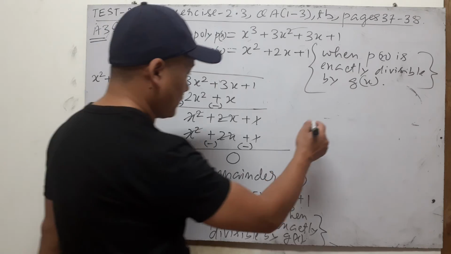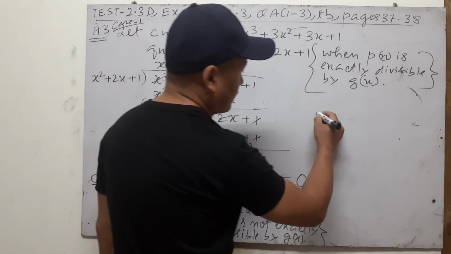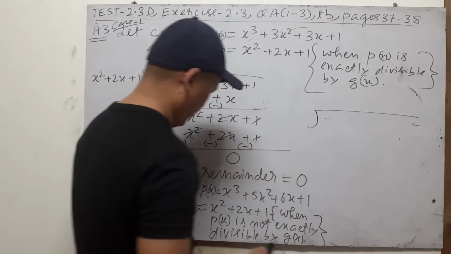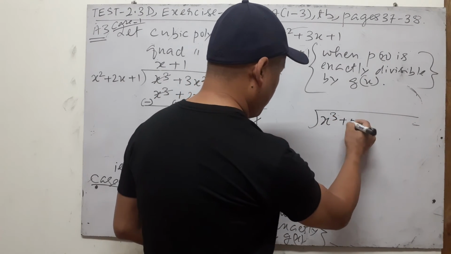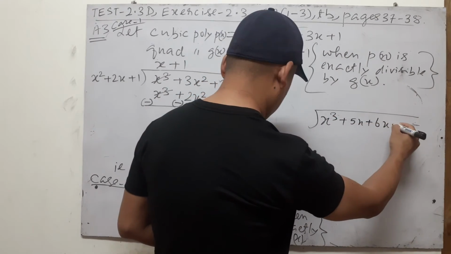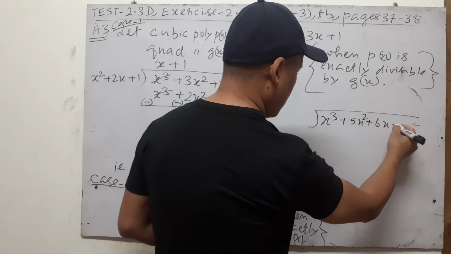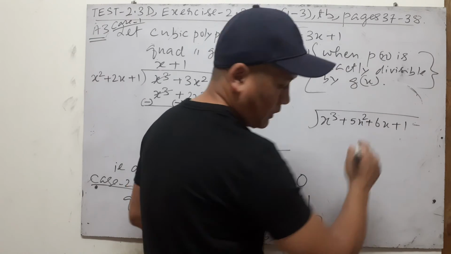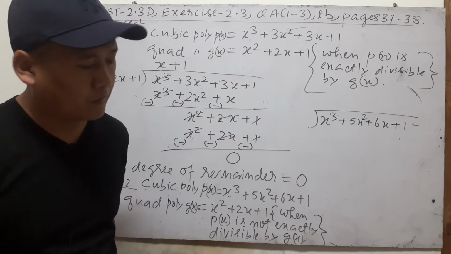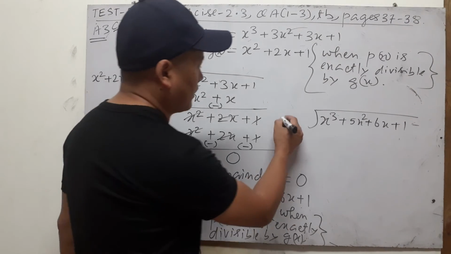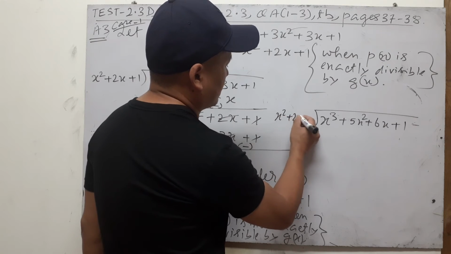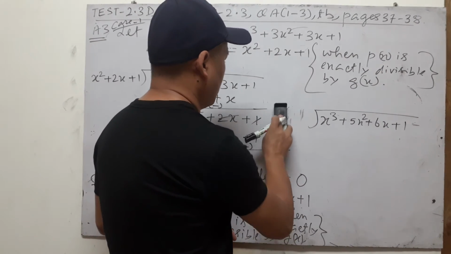Let's try the division. P of x is the dividend, so it should go inside the division sign: x cubed plus 5x squared plus 6x plus 1. Then the divisor is x squared plus 2x plus 1.